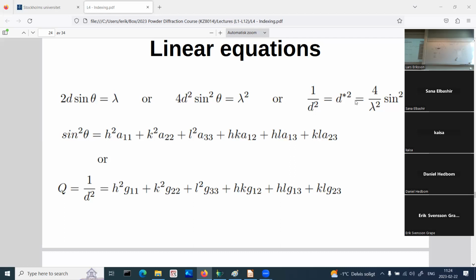So G for values connected to the unit cell, and maybe A for those connected to the sine squared theta, which in turn is also dependent.